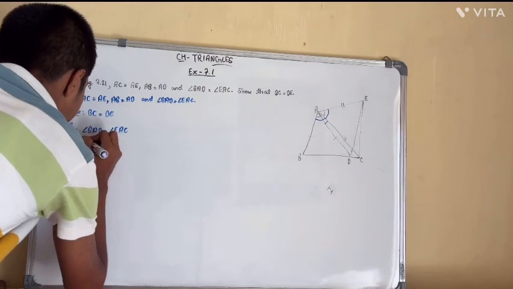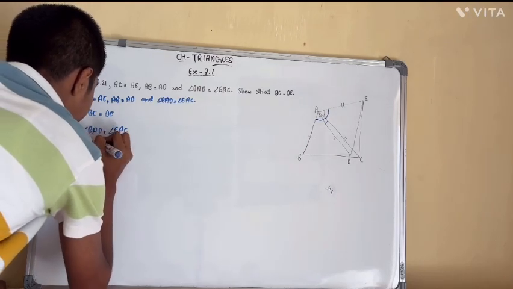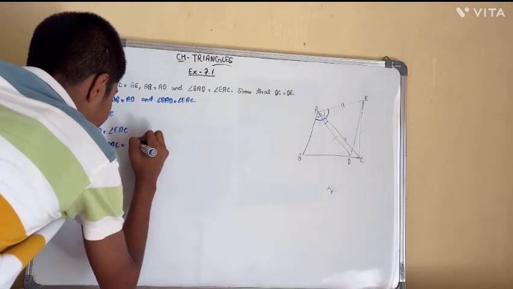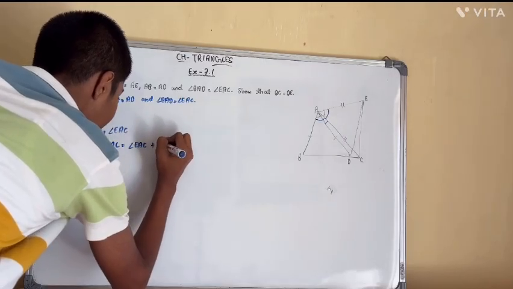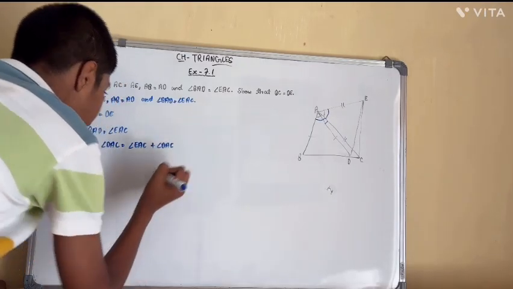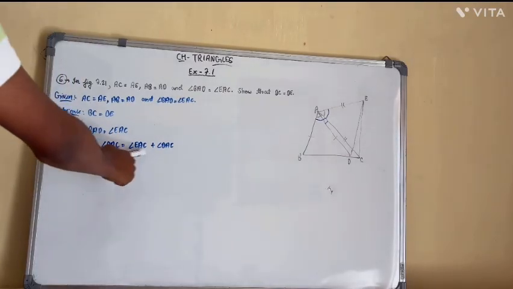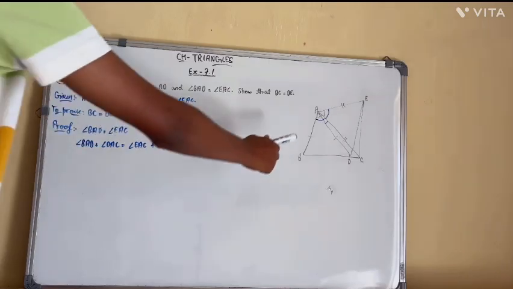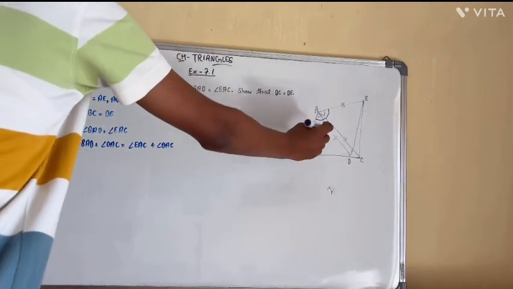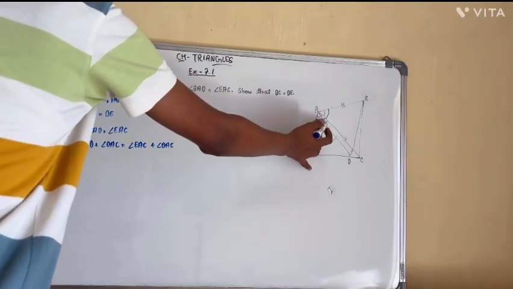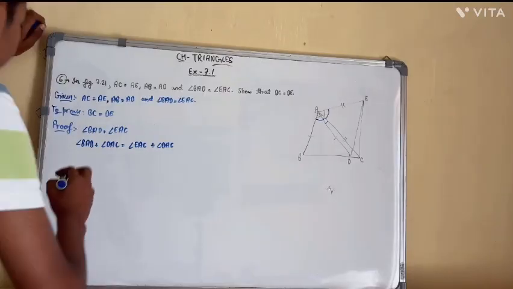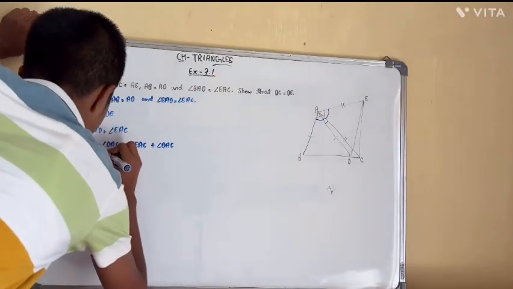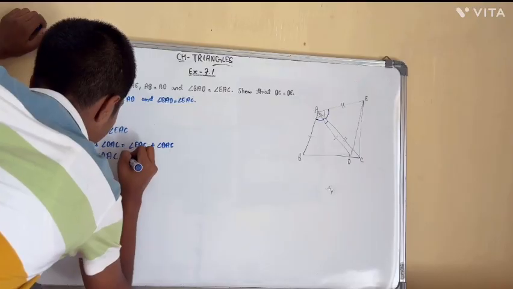Angle BAD plus angle DAC is equal to angle EAC plus angle DAC. Okay, both we are adding DAC. So BAD plus DAC, this angle plus this angle will be this full angle. So it will be angle BAC is equal to what angle?